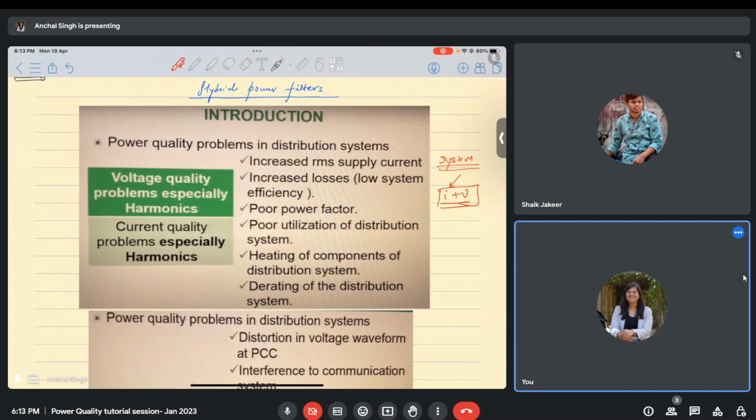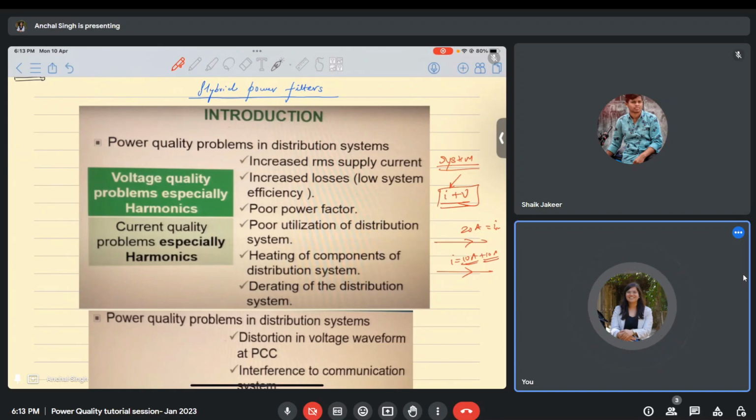Suppose my grid line has a rating of 20 ampere IRMS. But because of the presence of harmonics, let us say I am able to supply only 10 ampere current, and the rest 10 ampere current is going just to compensate the harmonics, which is just the RMS of the harmonic component that is present. So effectively I am able to utilize only half of the rating of my line, right?